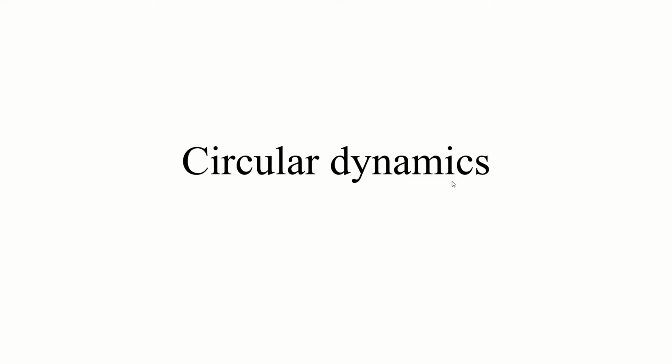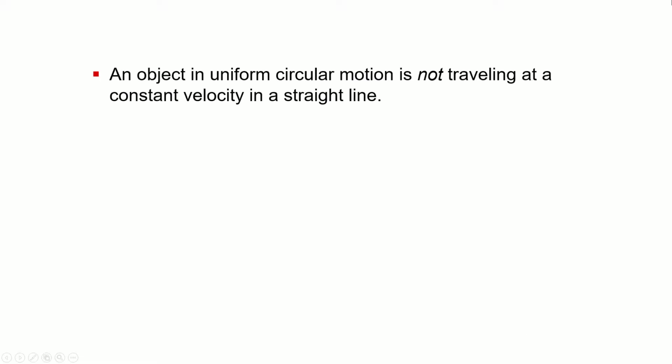So the first thing we have to do is consider an object going in a circle, and we know that when an object's traveling in a circle, it is not moving at a constant velocity in a straight line. So we have some object that's traveling in some circular path like this. When that object's there, it's got a velocity going that way, tangential to the circle.